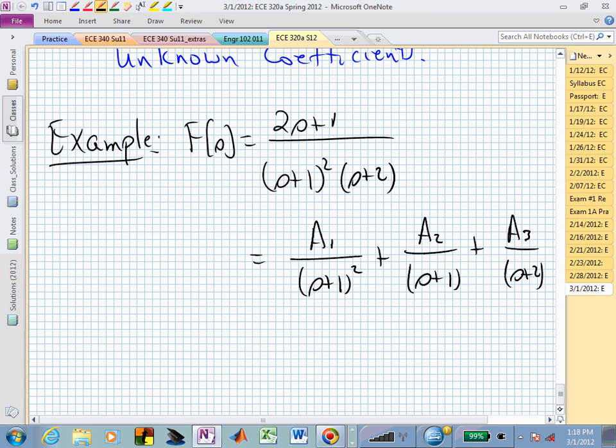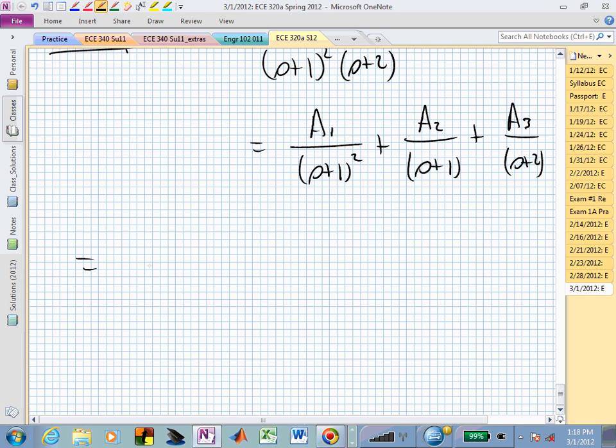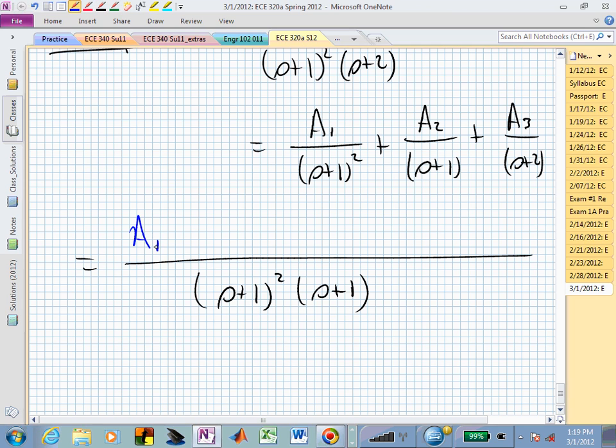But now what we want to do is rewrite that. We want to put that over this common denominator. If that's our common denominator, in the numerator then we have a1 multiplied by what? Now we simply multiply it by whatever we need, such that when we did the cancellation we would end up with what we started with.